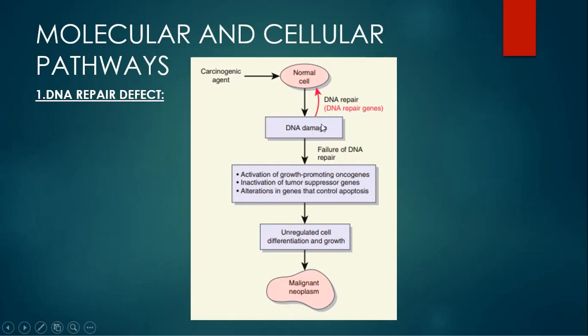But if there are mutations or any other thing that results in a defect of the DNA repair genes, then this DNA damage results in failure, and hence it results in activation of growth promoting oncogenes and inactivation of the tumor suppressor genes, and thirdly alterations in genes that control apoptosis, and this will ultimately lead to unregulated cell differentiation and growth that will cause malignant neoplasm.